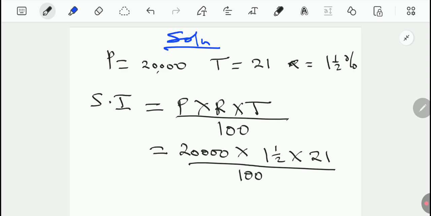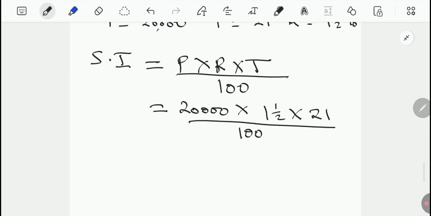But we have to simplify that 1.5 before you can punch into our calculator, so you shall have 20,000 times, make this to become an improper fraction. 2 times 1 we shall get 2, plus 1, we shall get 3.